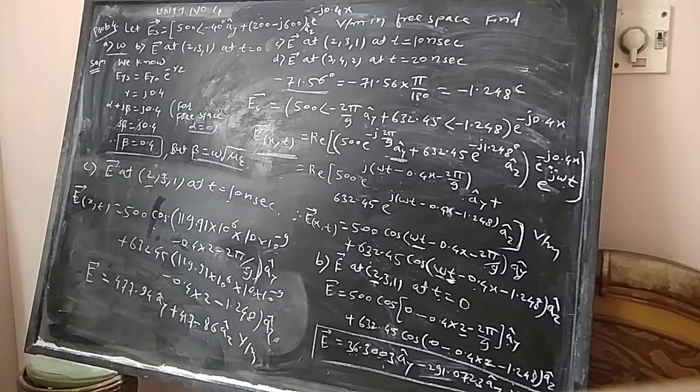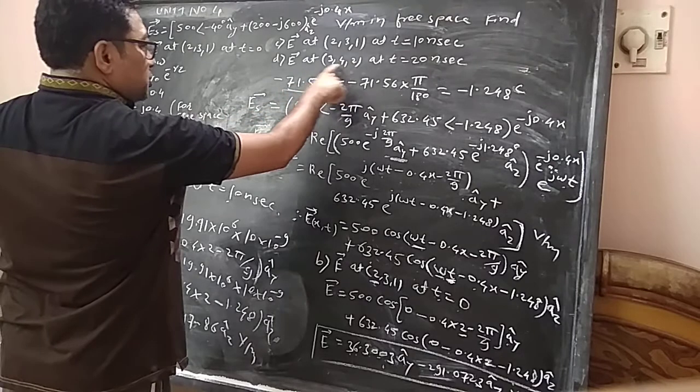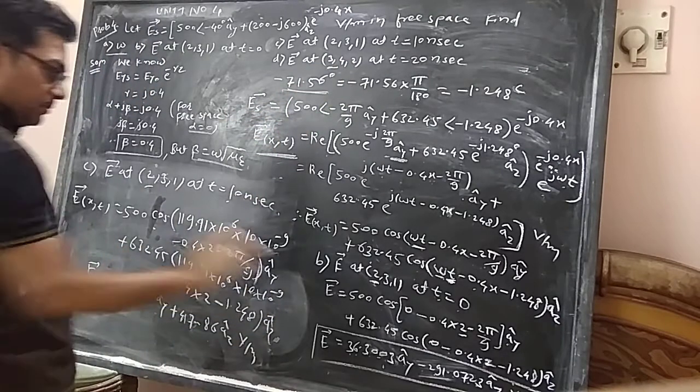Similarly, option D is E vector at x coordinate 3, and the remaining part will be the same.